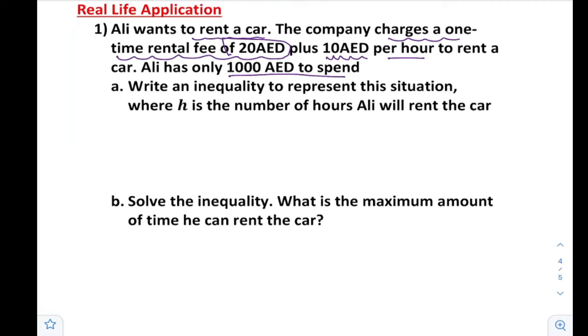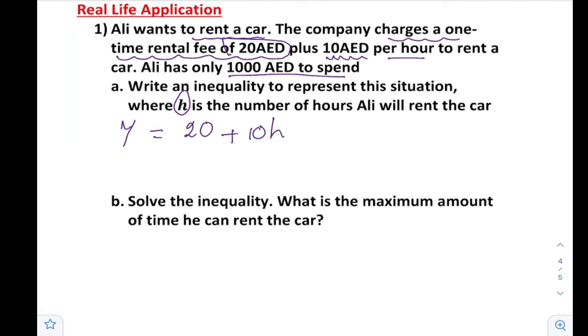Write an inequality to represent this situation where H is the number of hours Ali will rent the car. If you assume that Y is your cost, or C is your cost, or whatever, then it equals 20, which he will pay once, plus 10 per hour, 10H.